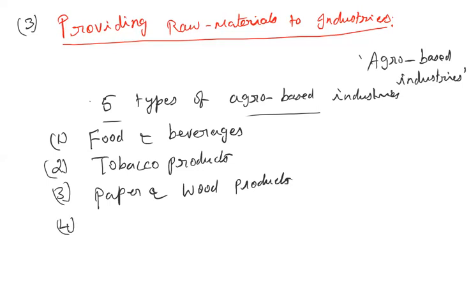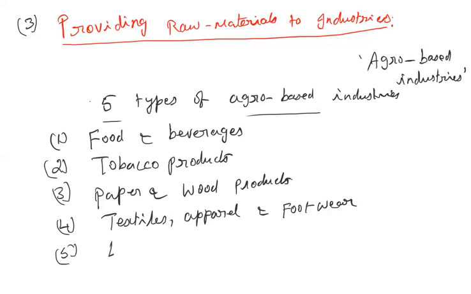Fourth, you have textiles, apparel, and footwear. And the fifth one, the leather products and rubber products.